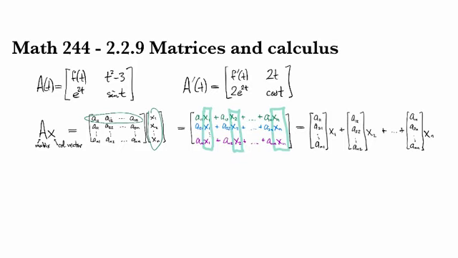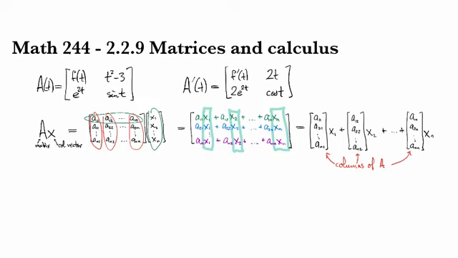Okay, so the key point is that if we look at these guys here, these are columns of A. So just come back, there's the first vector, there's the second vector, there's the last vector, etc., right?